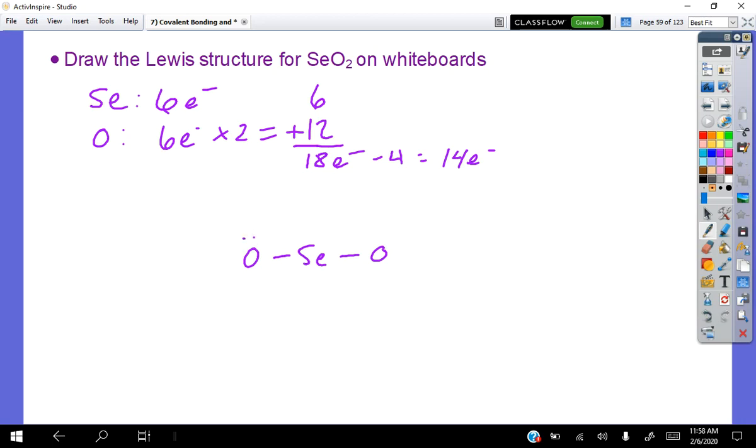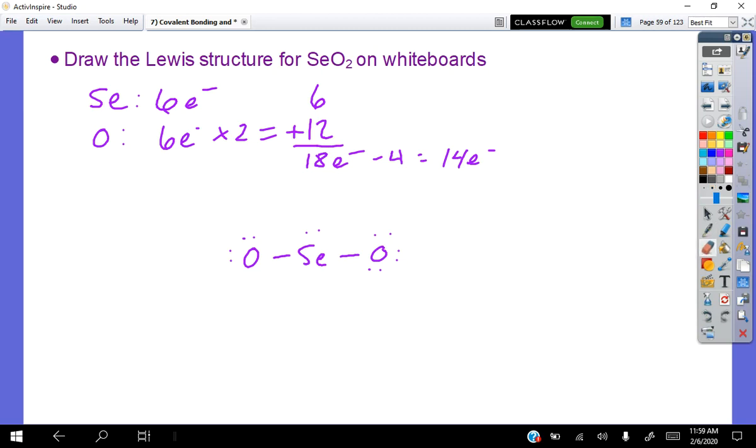As we did before, we start on the outside and work our way in, completing our octets for our oxygens. I've used 12 of my electrons, and I can put my last 2 there on the selenium in the middle.